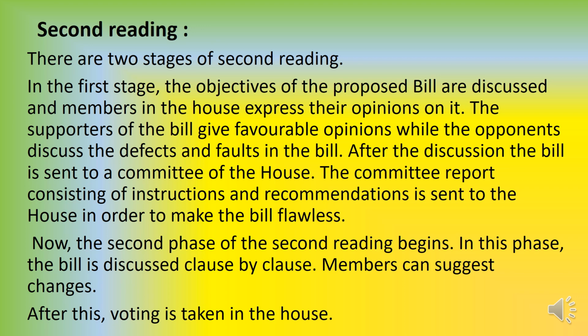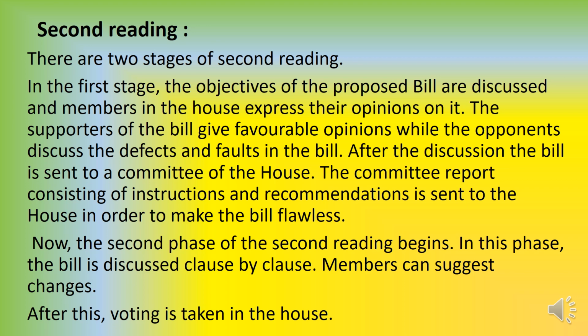Second reading has two stages. Now, the first stage of the second reading is where the objectives of the proposed bill are discussed. Now, what are the objectives? Aims. Aims of the proposed bill are discussed, and the members in the House express their opinion on it.